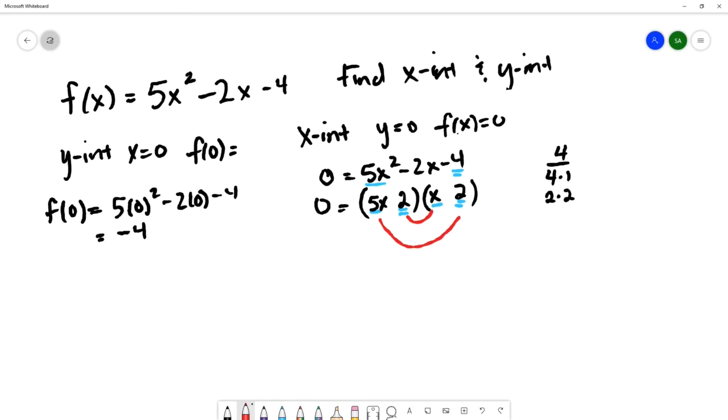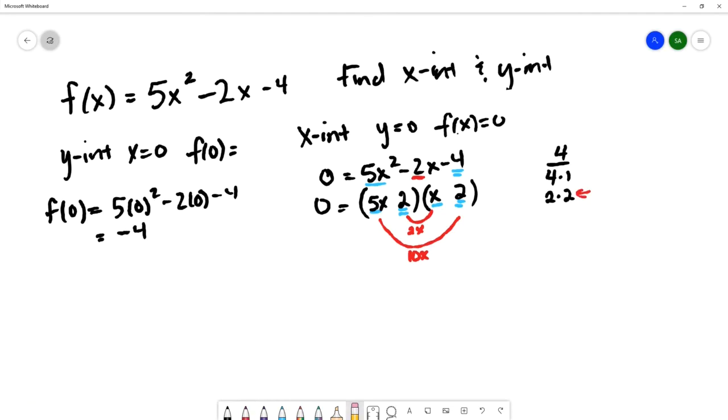So I'm only checking the middle. So that gives 2x and 10x, and if I were to combine those like terms by adding, that would give me a 12x. By subtracting, it would give me an 8x, and neither one of those is the right middle term. So I know that this pair of 2 and 2 is not going to work.